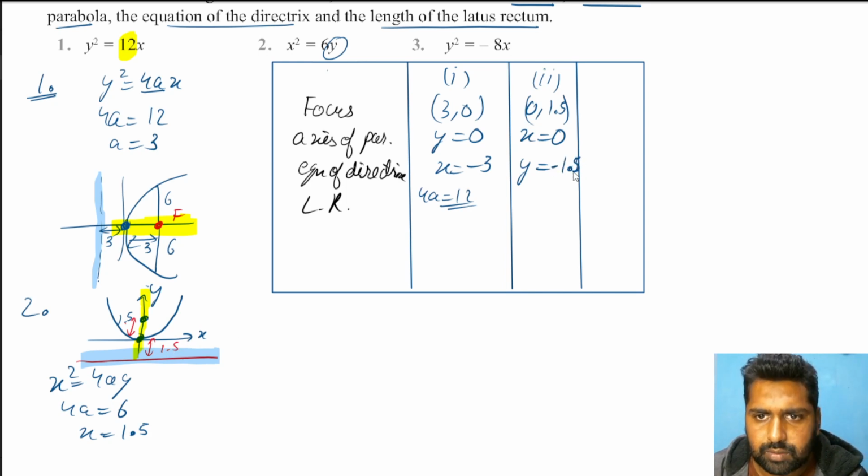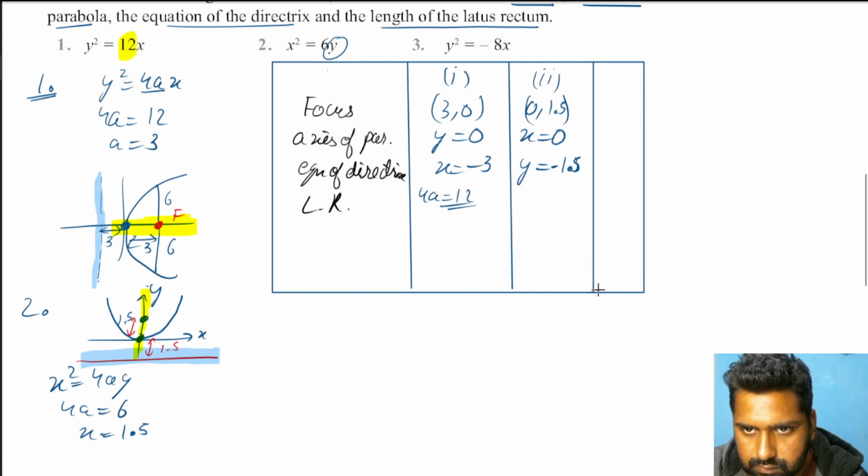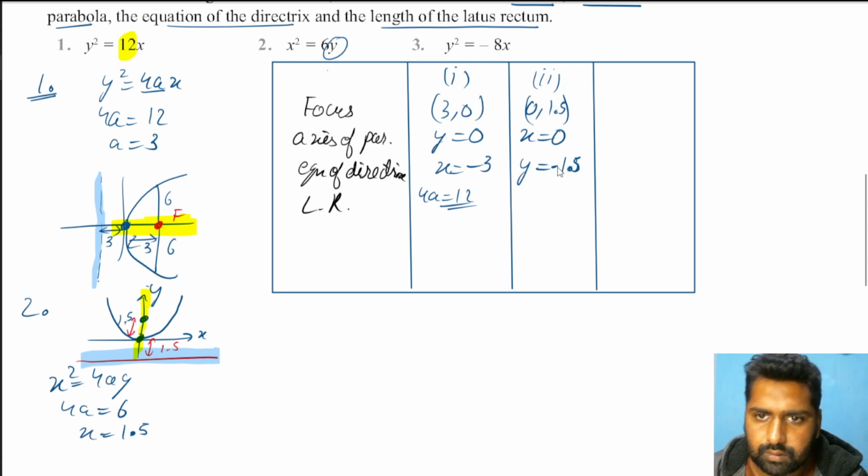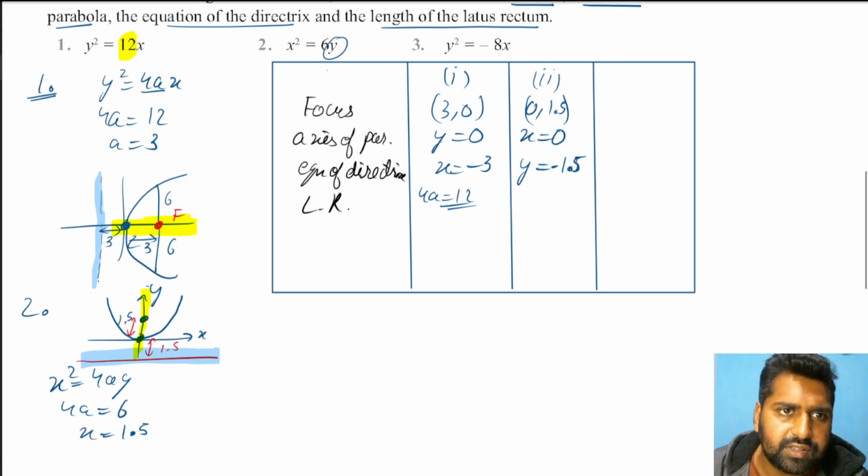Okay, y equal to minus 1.5. All right, latus rectum, that's 4a. You can directly tell the latus rectum from the coefficient written here, that's 6 directly.